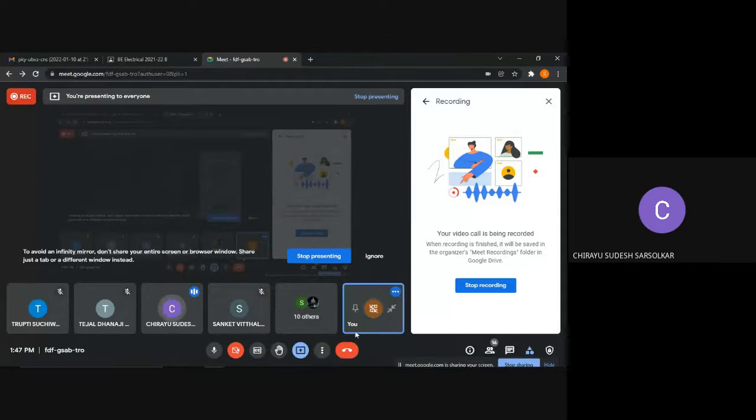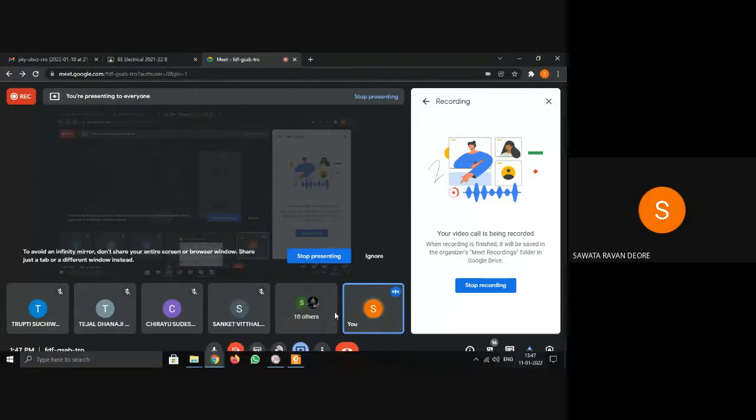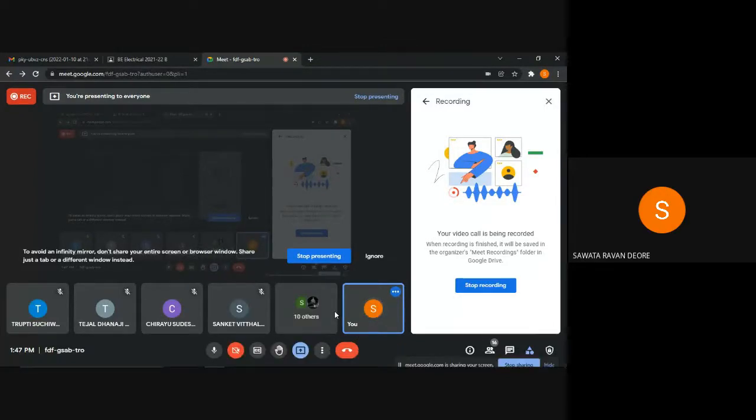Suppose there is a residential building which is not connected to any other utility. It is simply fed by one DG generator owned by the society itself. What will be the limitation of that?